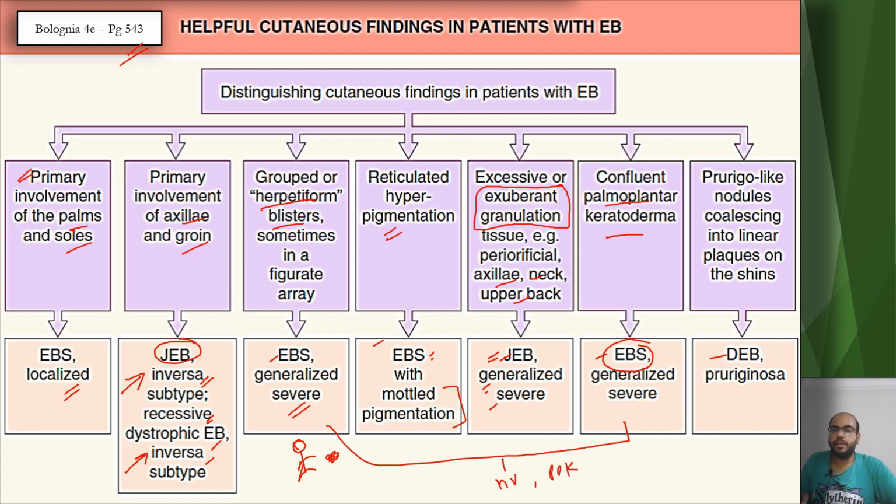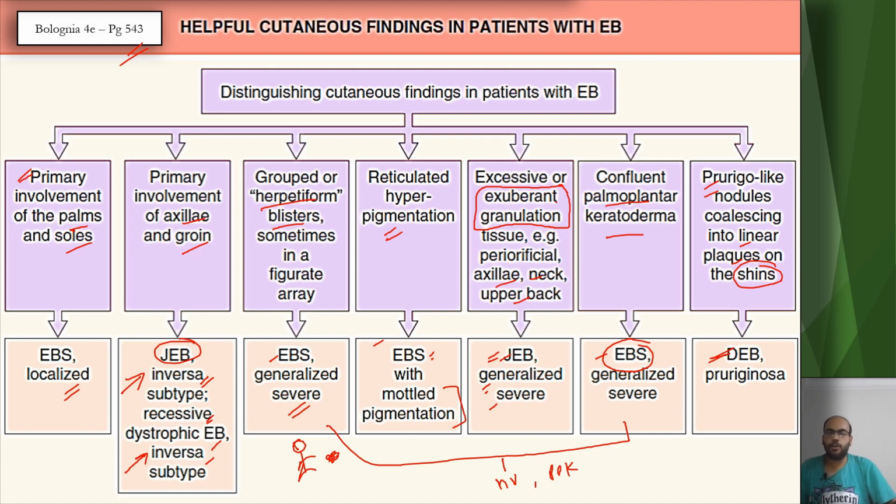Prurigo-like nodules and linear plaques on the shins is a feature of dystrophic EB pruriginosa. So 2 weeks back, when we were discussing the dystrophic EB type, I discussed a subtype of dystrophic EB, which is EB pruriginosa. In that dystrophic EB, you see prurigo-like nodules on the shins.